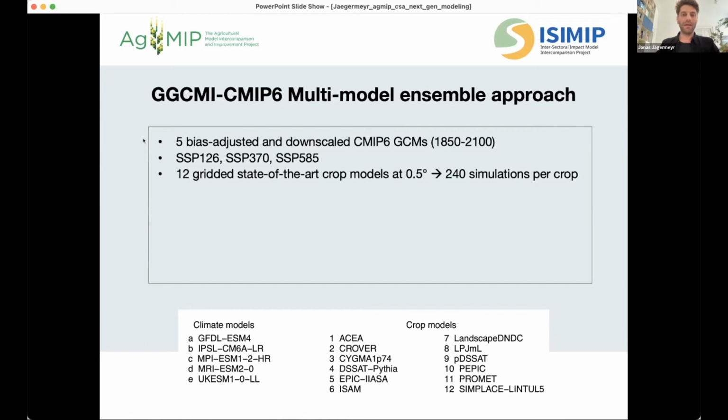highlighting our recent multi-model ensemble work that we did in AgMIP and ISIMIP with the global crop models. Because it represents the core idea of AgMIP and ISIMIP, in the vein of CMIP, approaching the question by default with a multi-model ensemble and a harmonized protocol.